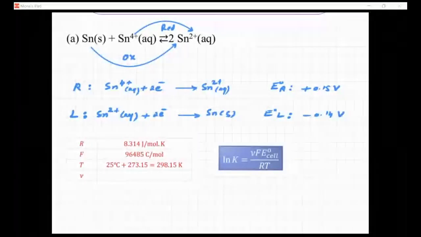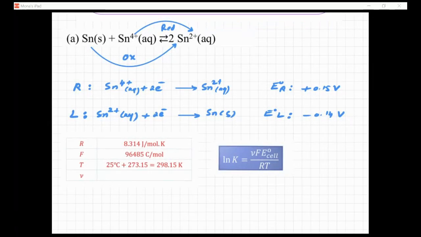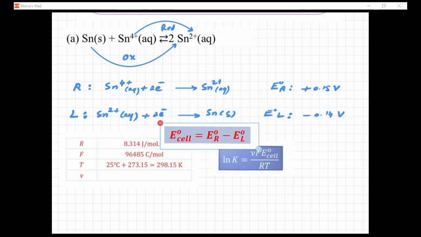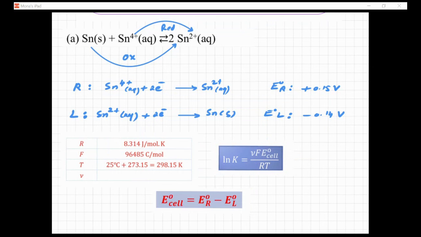Now I need to calculate the E cell. Of course, E cell, as you are aware, is equal to E right minus E left, as we did using the equation previously. So E cell standard is E right, plus 0.15, minus 0.14, which is equal to plus 0.29 volt.